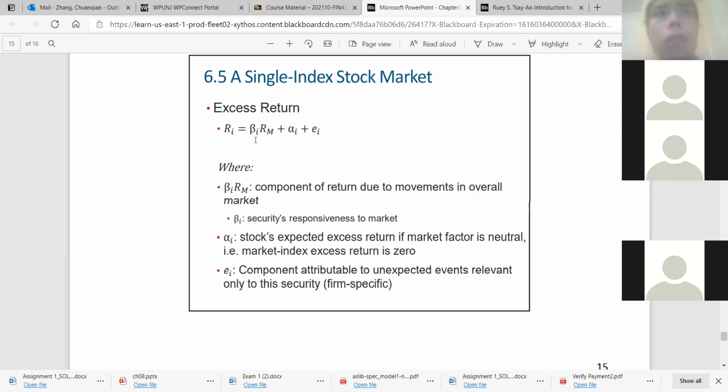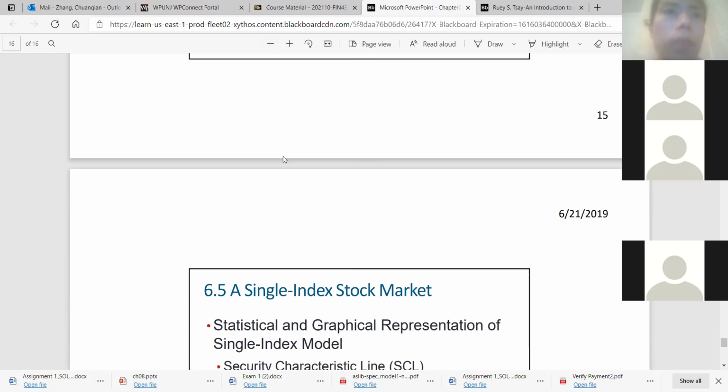People find that usually the market index as a whole will give you a significant result. That means the coefficient is significant, so indeed it can have some predictive power for the returns of a specific stock or company, right? So that is the background of the single index stock market model, okay?